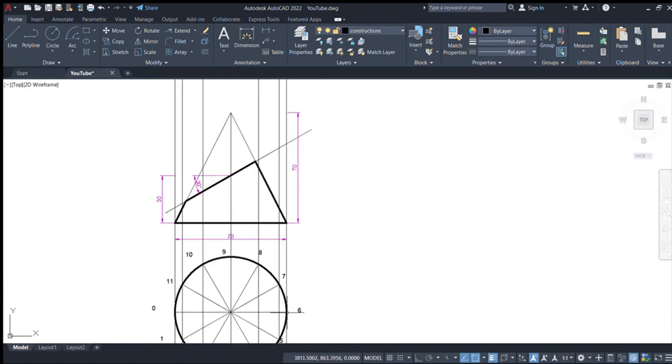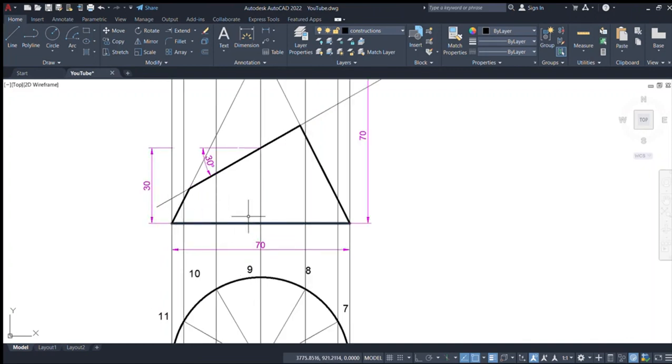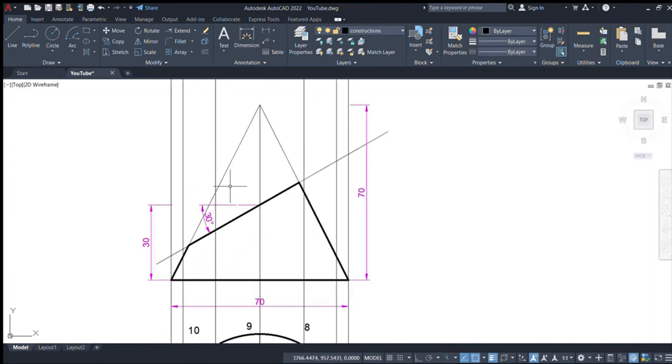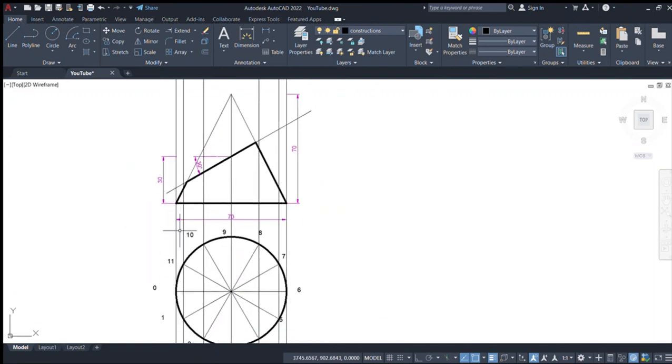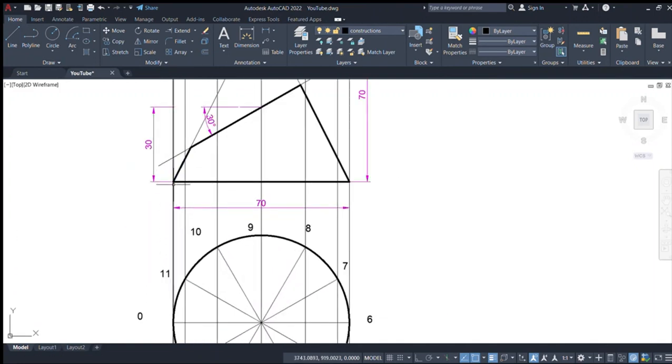So we are okay with that. Now the next thing, where our construction line, the projectors hit the baseline, we shall take them slanting to the vertex at the top there. And also we can give these numbers.